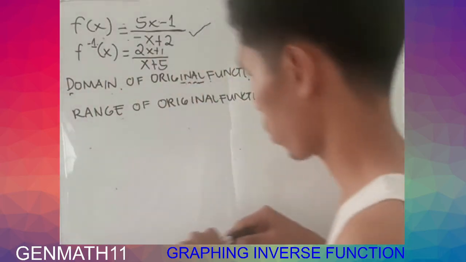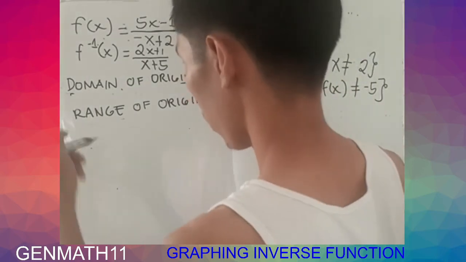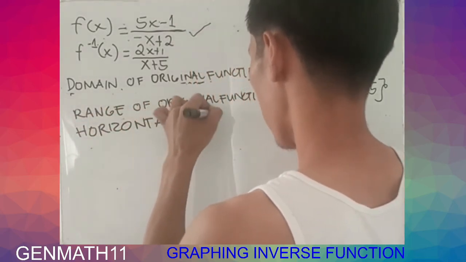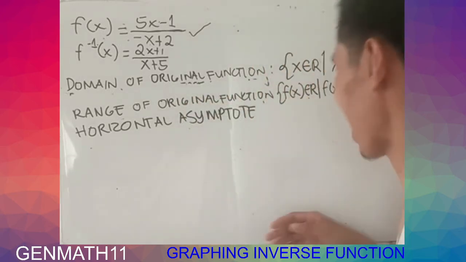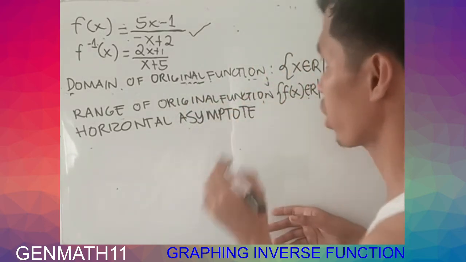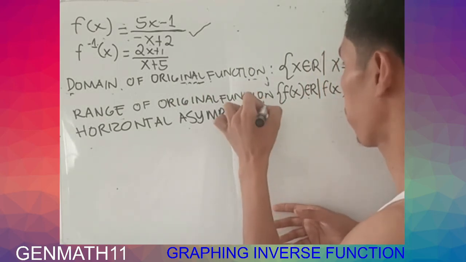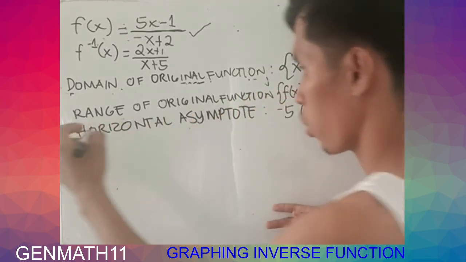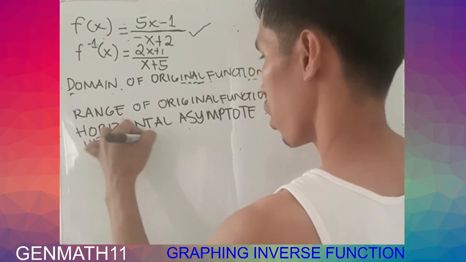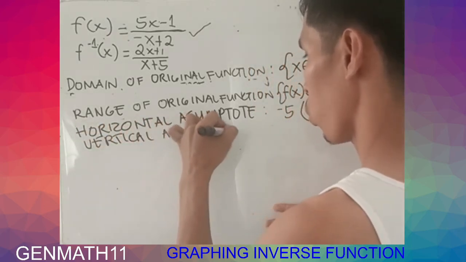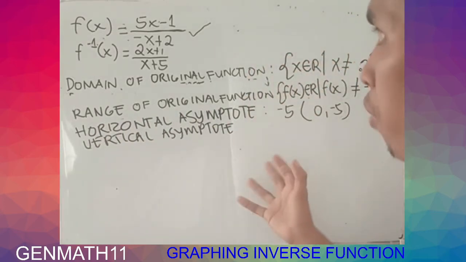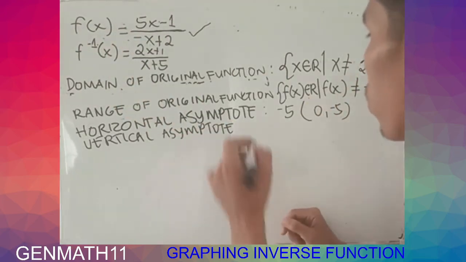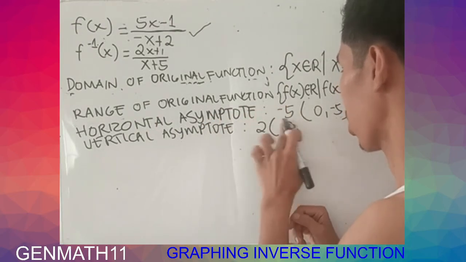Okay. Let's put it again. What was our horizontal asymptote earlier? Our horizontal asymptote now is negative 5. So, the value is negative 5, which is 0, negative 5. While the vertical asymptote will be the value of x which makes the function undefined, which is 2, 0.